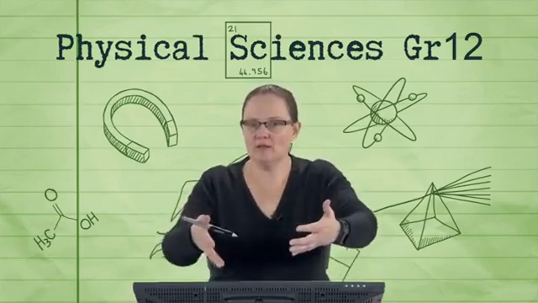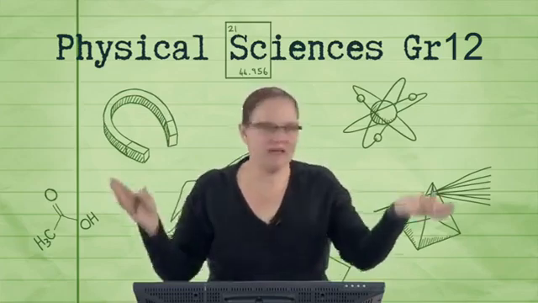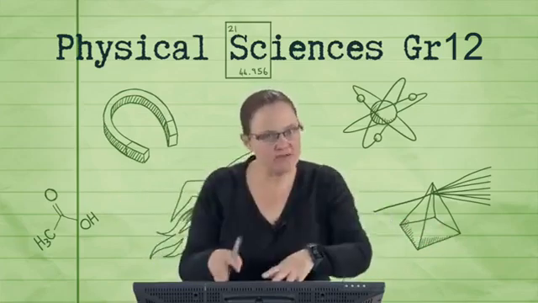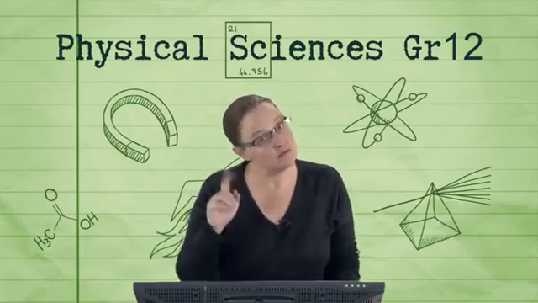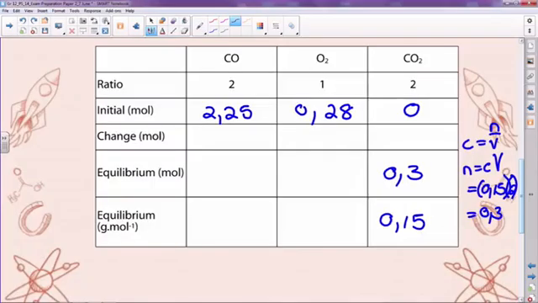Now we're going to work out the equilibrium constant the way we've done any of them. So now we go back to our table and we go, fine, I had 0,3 moles of CO2. Remember, I started with 0. I made 0,3, so now my change is 0,3. Remember, my mole ratio and my change row must be equal. They must be multiples of each other in terms of your ratio.